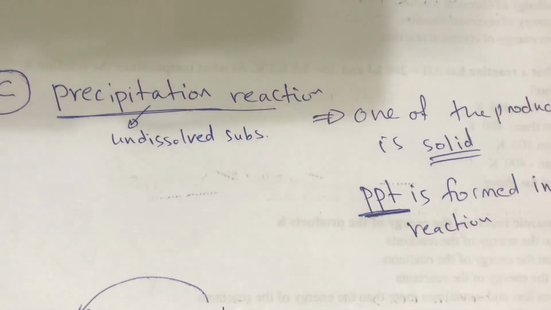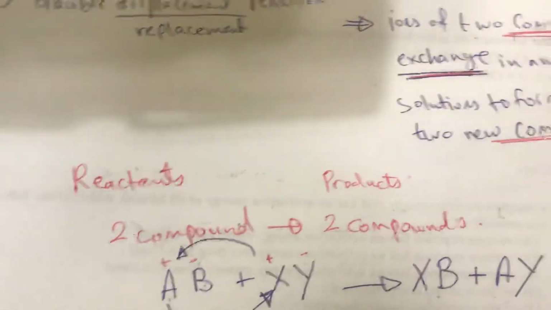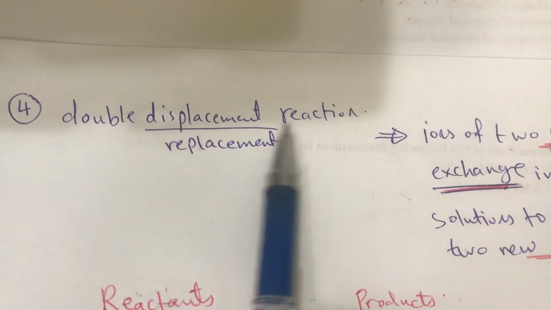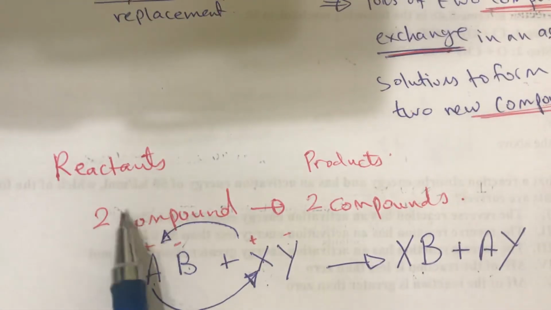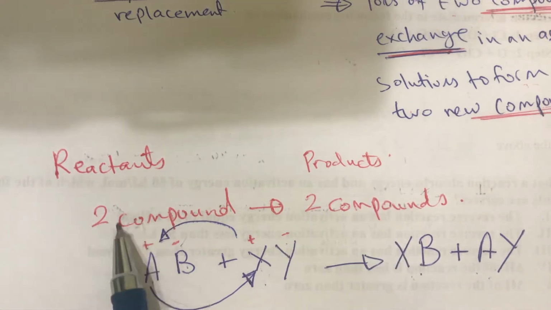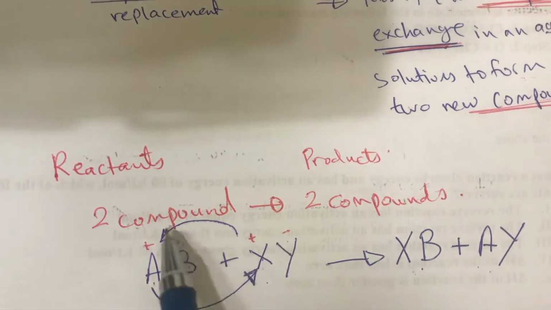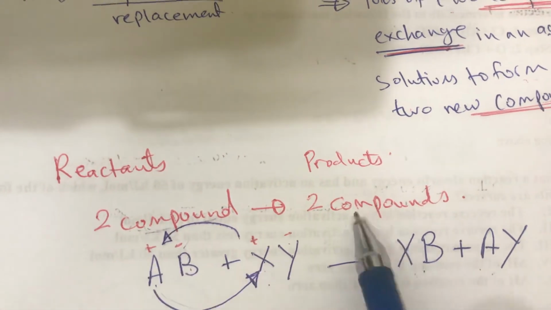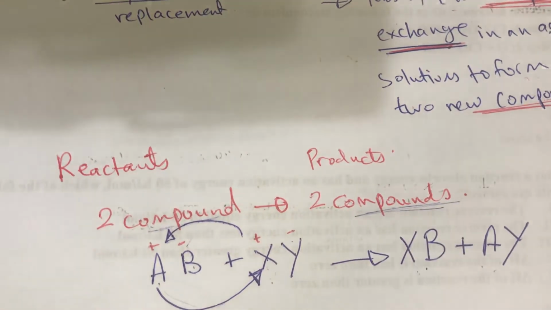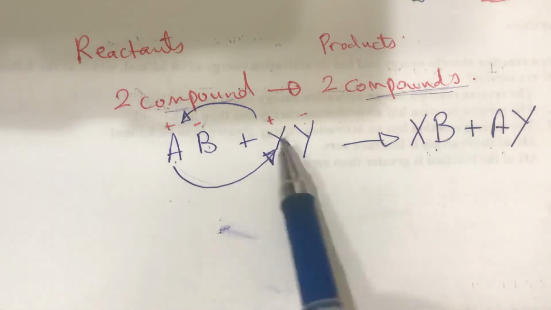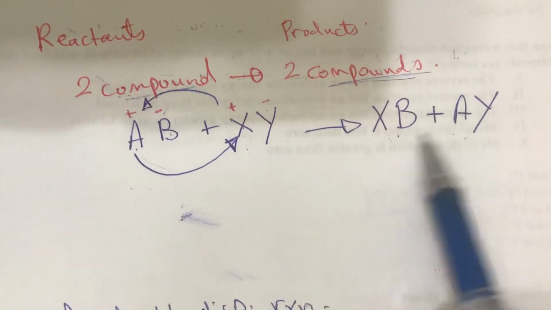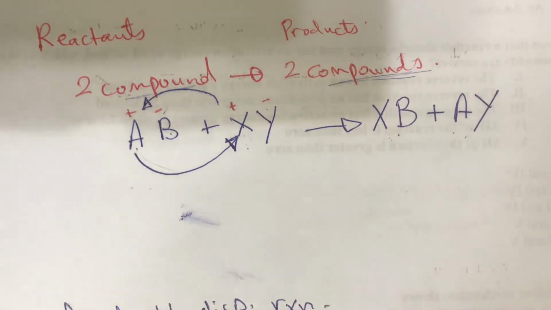So again, in double displacement reaction, the reactants are two or more compounds, the products two or more compounds. So ions exchange to form two new compounds.